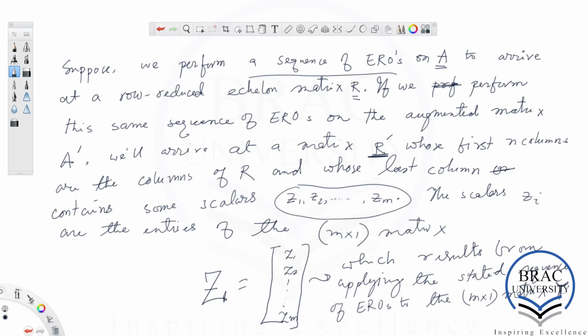Y, which was the n plus 1th column of A prime, the augmented matrix. And we are applying the elementary row operations to the whole matrix A prime. As we apply the elementary row operations, this last column of A prime, which is Y, is getting reduced to this matrix Z. That's what it's saying. Good.